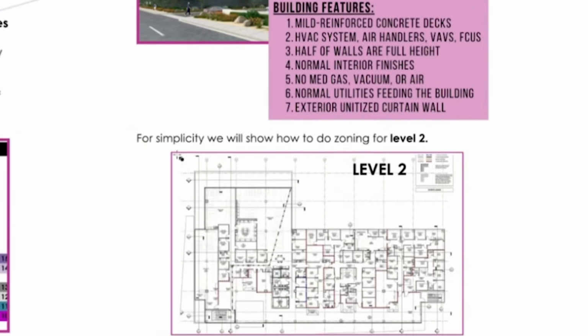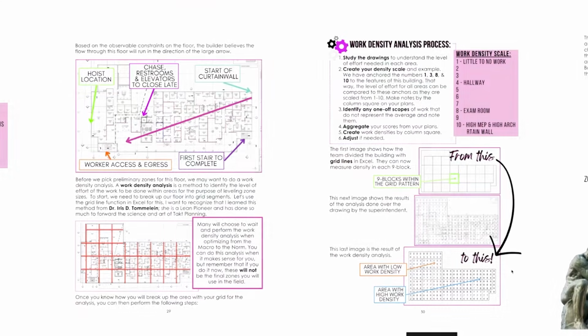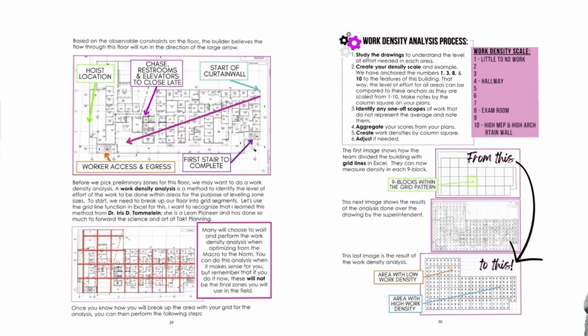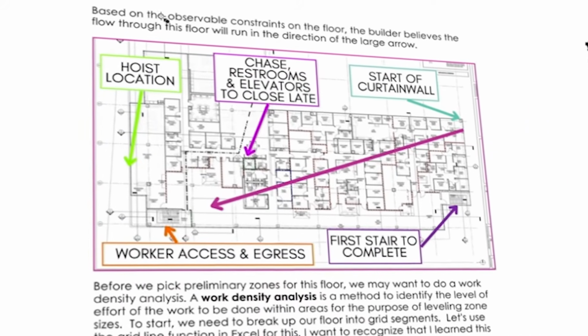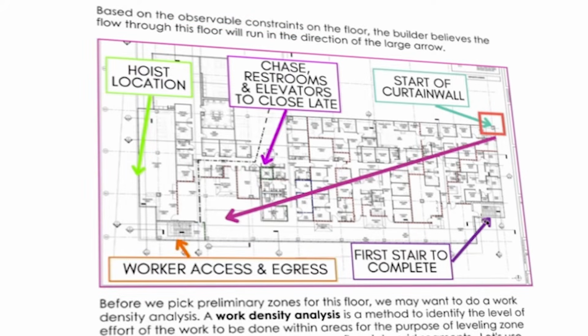So for simplicity, in this example exercise, like we teach everywhere else, let's use an example coming from level 2 of the building. This will simplify it down for us quite a bit. Step number 1, we've got to identify our observable constraints. That means the superintendent or the PM or whoever's planning, I hope it's the builder, says, oh, curtain wall is going to start here.